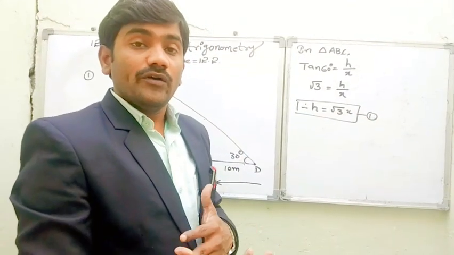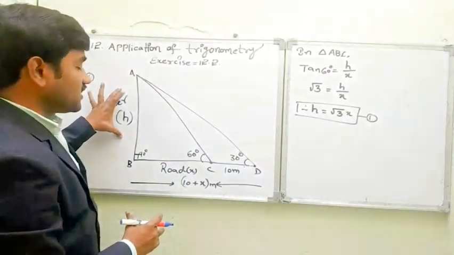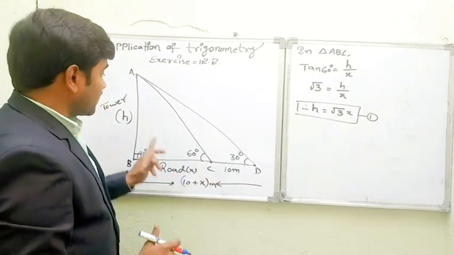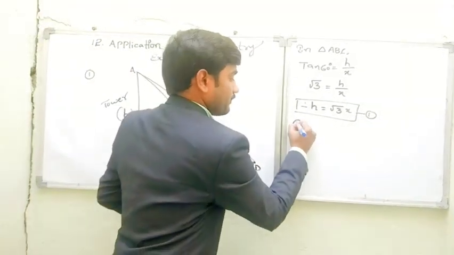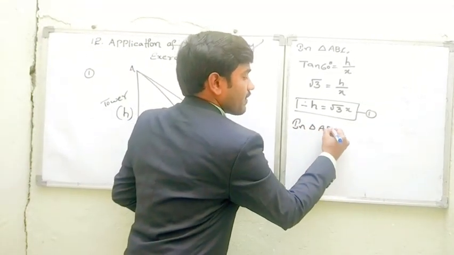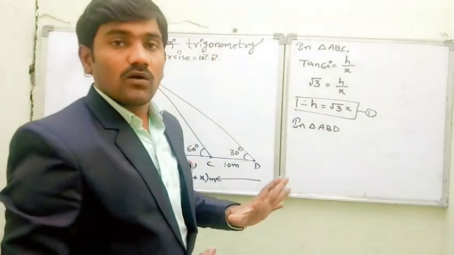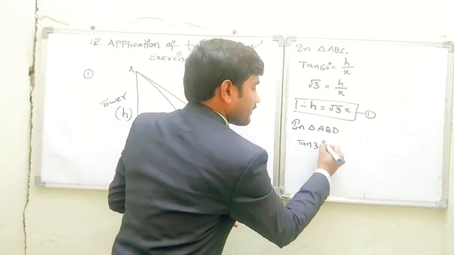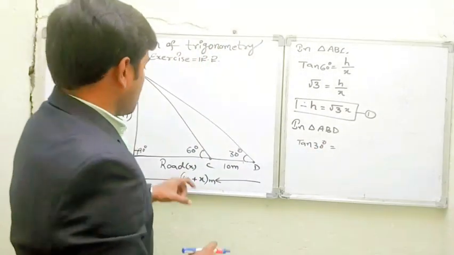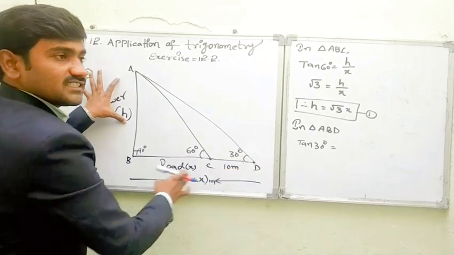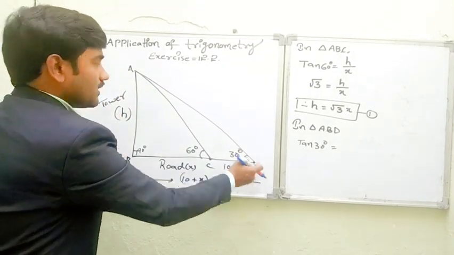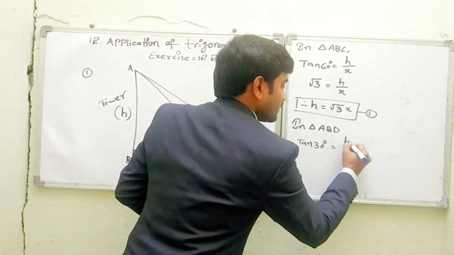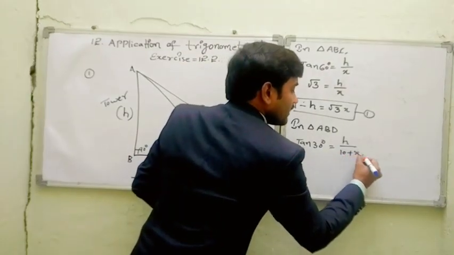Let us see now. H equals root 3 into X. Now we take triangle ABD. In this triangle, let us use tan 30 again. Tan 30 degrees equals opposite by adjacent side. What is the adjacent side? BD. So H by BD, which is nothing but H by 10 plus x meters.